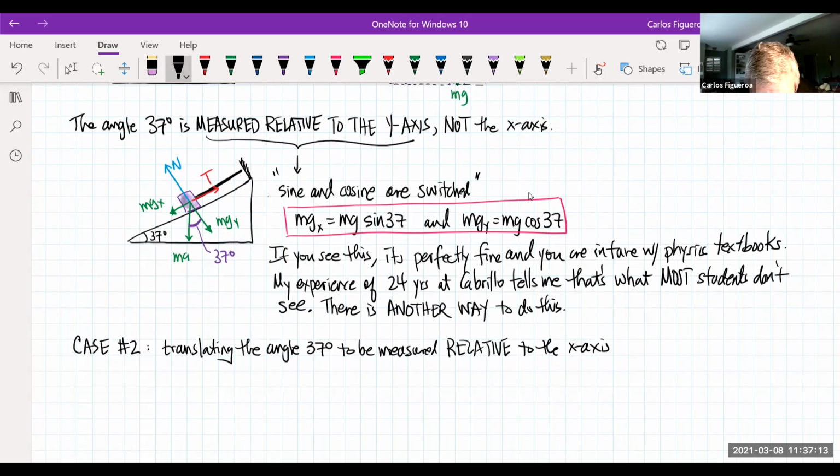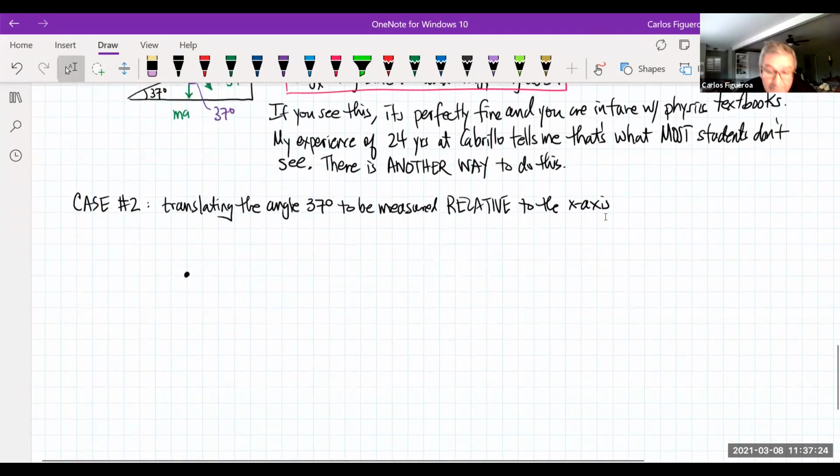But we did that already. Let's go back and look at this. So if I look at my free body diagram again, what do I see?